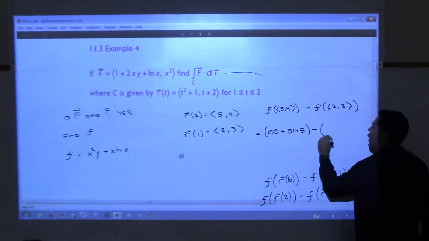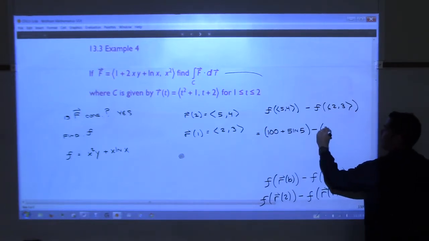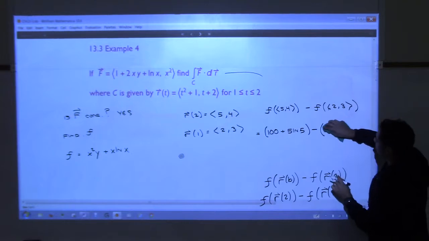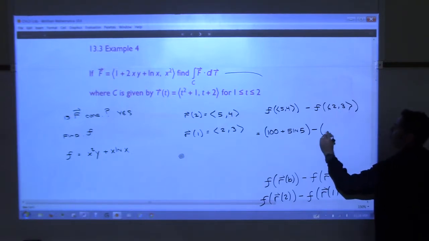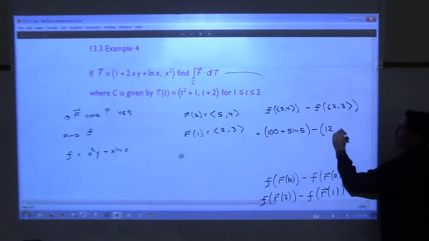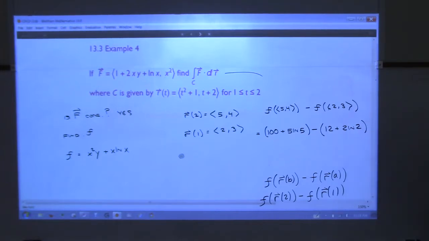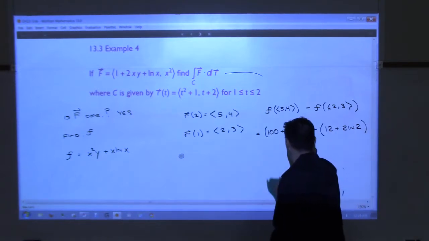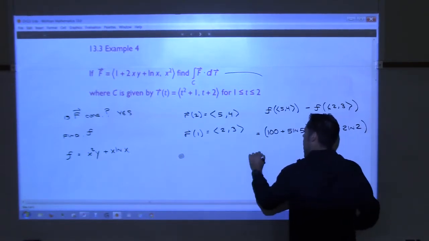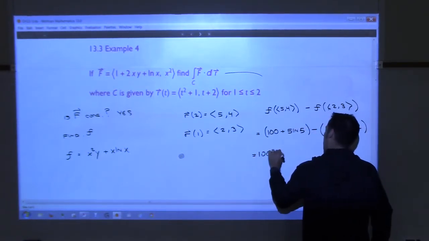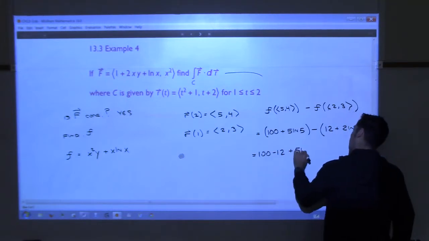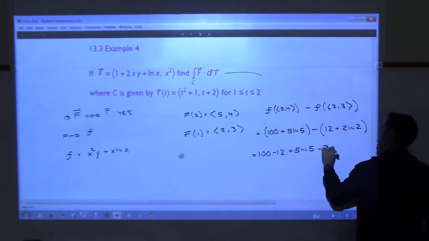And then minus, now we plug in 2, so 4 times 3, right? 12 plus 2 ln 2. We can clean this up a little bit. This is 100 minus 12 plus 5 ln 5 minus 2 ln 2.